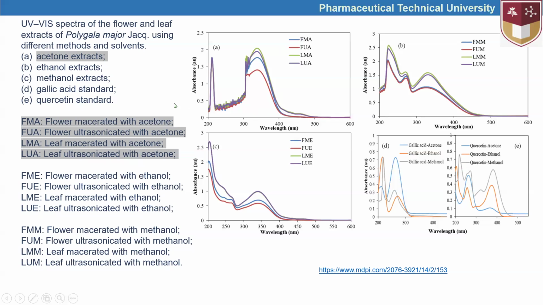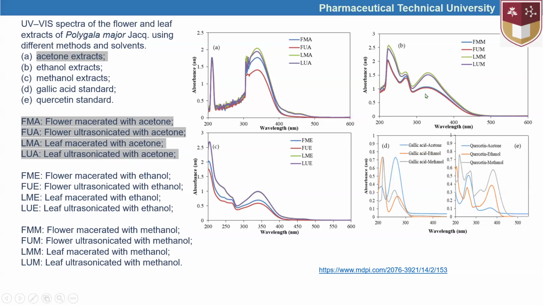This is the possibility of how we can effectively use ultraviolet-visible spectroscopy. And here we can see a similar tendency with leaf macerated with acetone and leaf ultrasonicated with acetone. Leaf macerated with acetone had higher efficacy in extracting those compounds having absorbance at this range compared to those that were ultrasonicated with acetone as well.